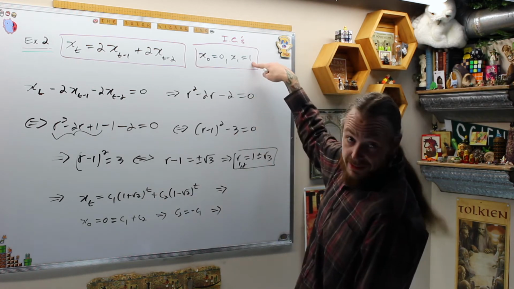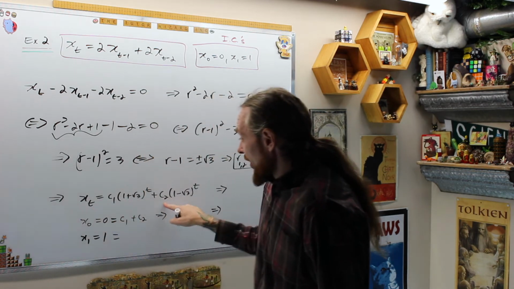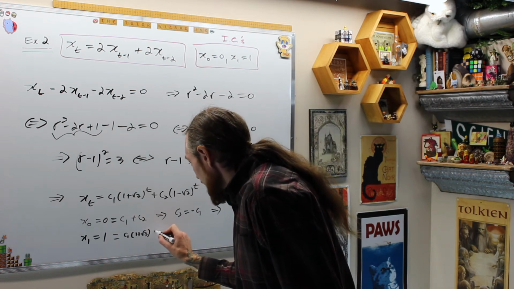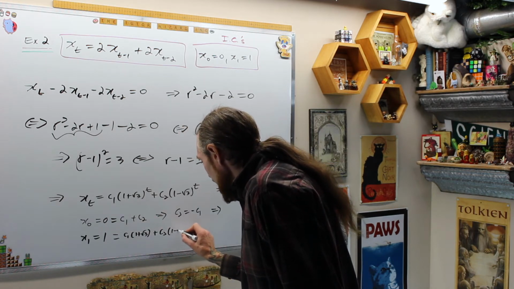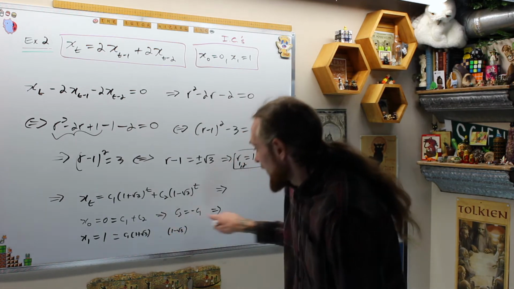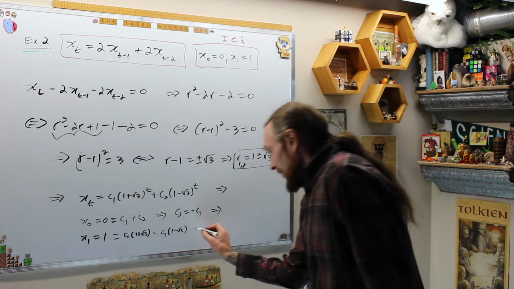Therefore, using the next initial condition, x1 is equal to 1, in this formula I'm going to get c1 times (1 plus root 3) plus c2 times (1 minus root 3), with c2 negative c1. Then we're going to solve.